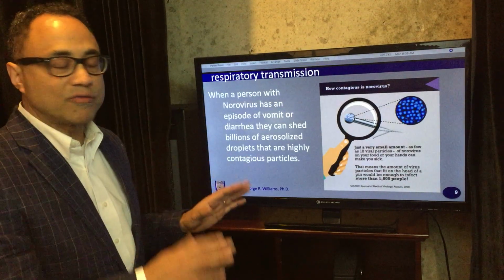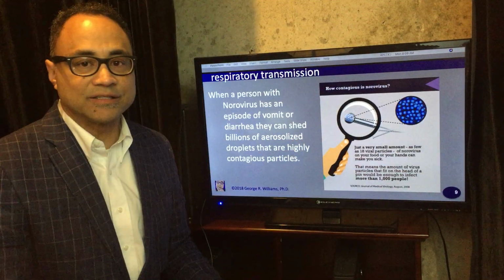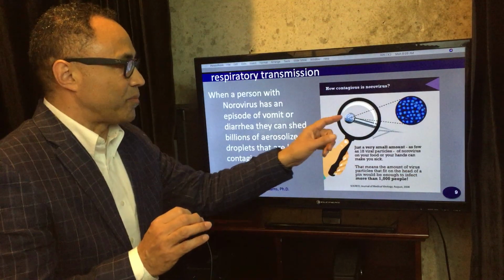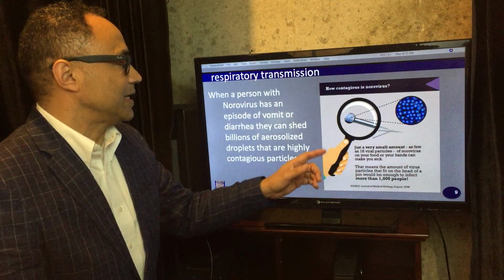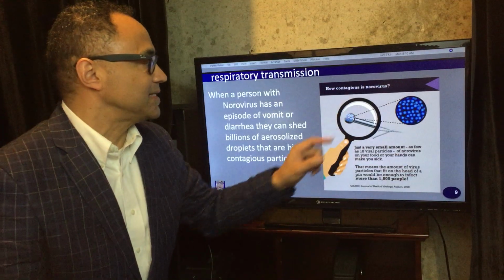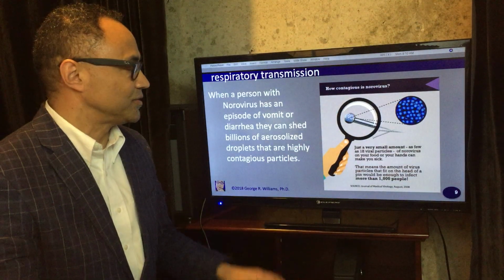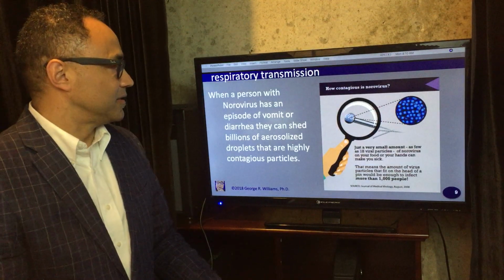Now this is the important thing to remember. These are really contagious. So that a pinhead size of the norovirus, or particles of the norovirus, can infect more than 1,000 people. It only takes 18 of those little particles that are too small to see with the human eye to make a person sick.